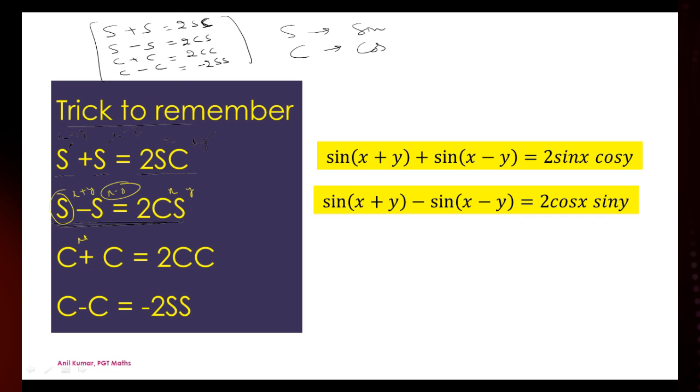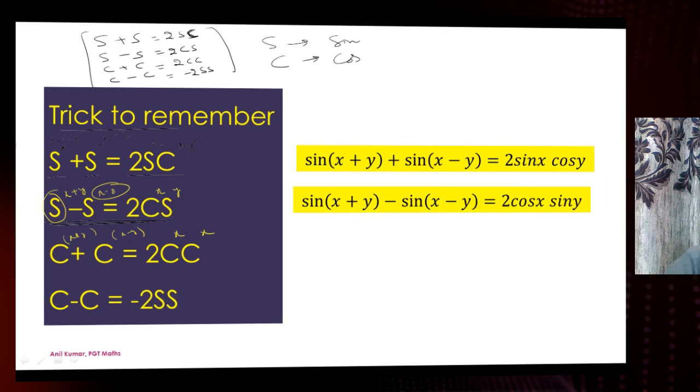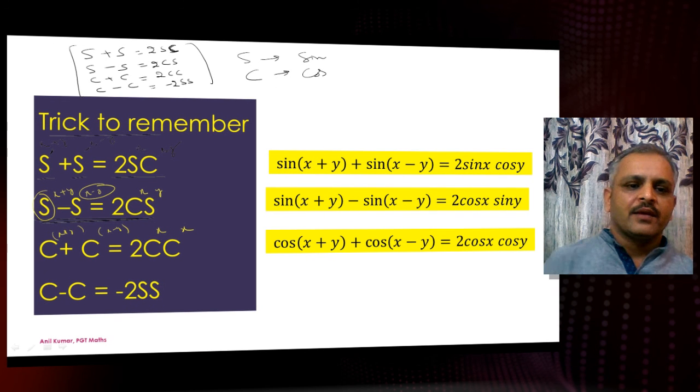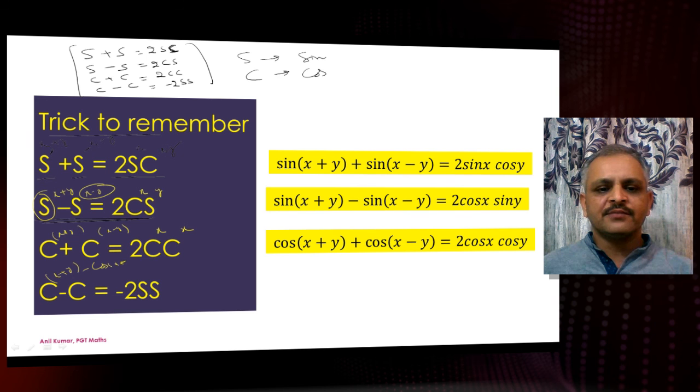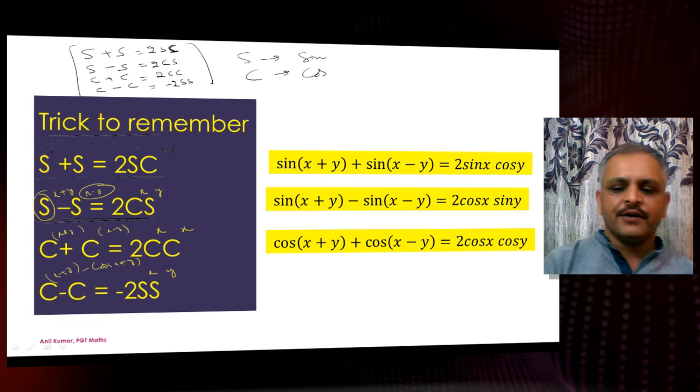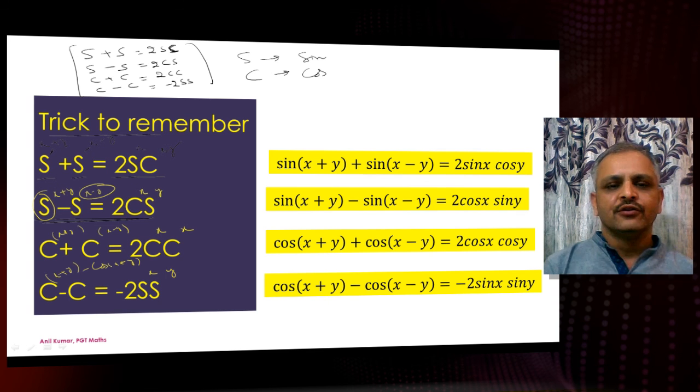Cos of x plus y plus cos of x minus y is equal to 2 cos x cos y. And the next will be cos of x plus y minus cos of x minus y is equal to minus 2 sin x sin y. So let's write fourth one also. So isn't it easy to remember?